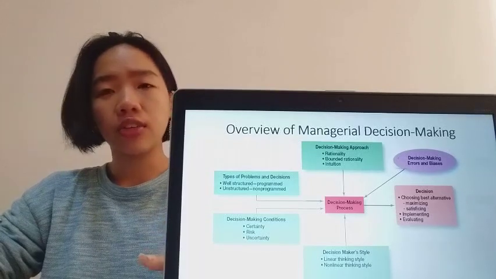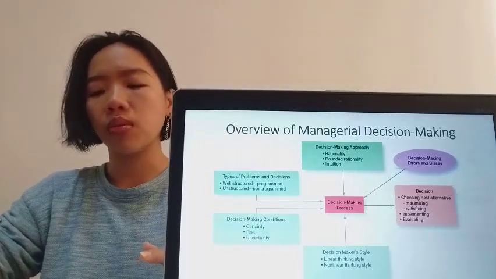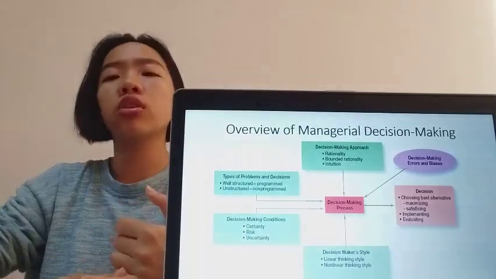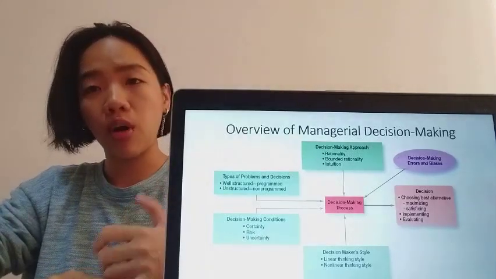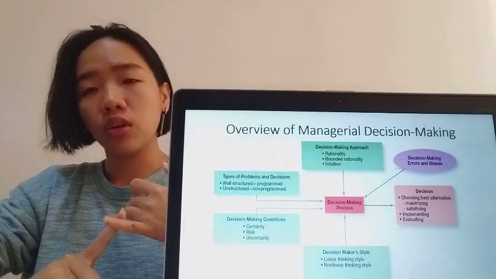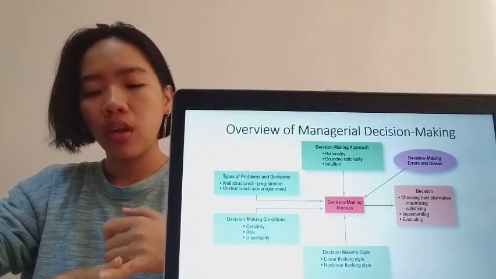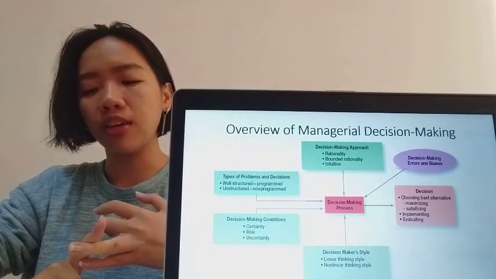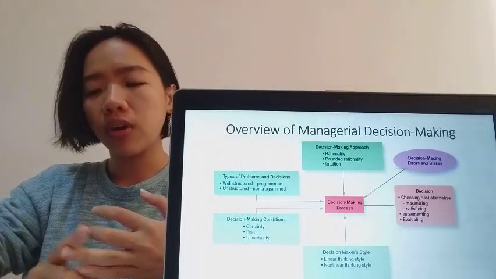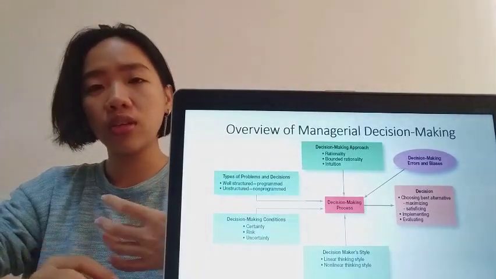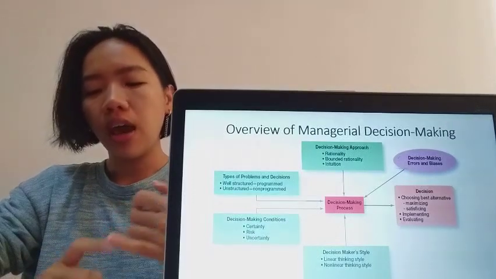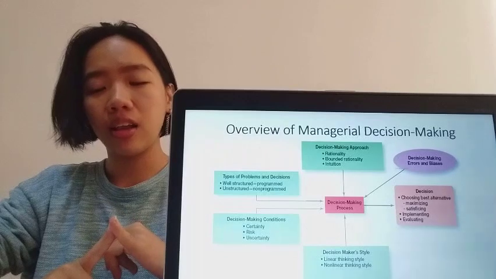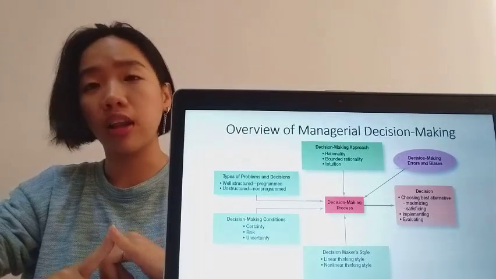The second factor is the types of problems and decisions, whether well structured and programmed, or unstructured and non-programmed. The third factor is decision-making conditions: whether the condition is certainty, risk, or uncertainty. The final factor is decision-making style, like linear or non-linear.